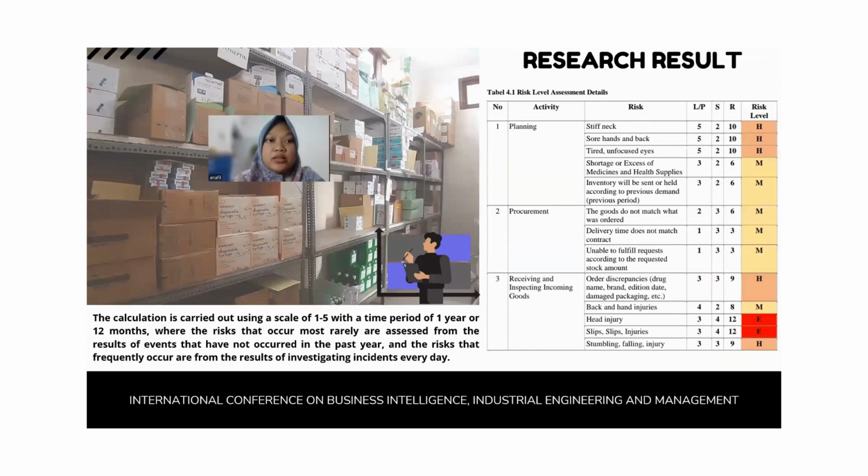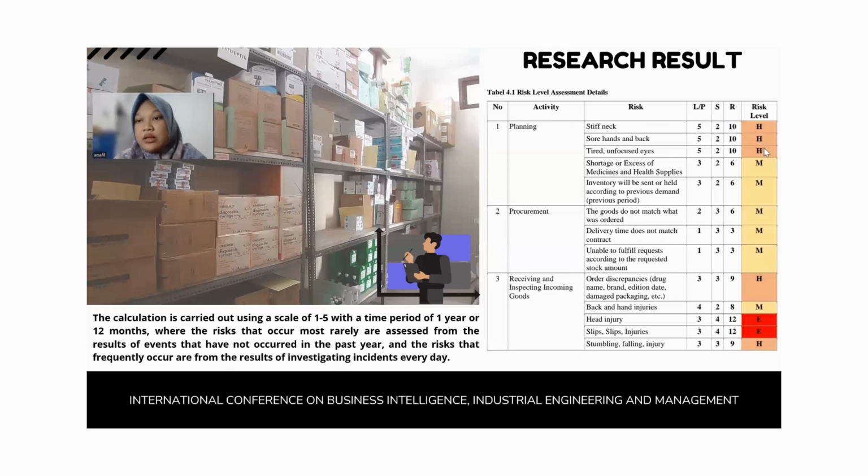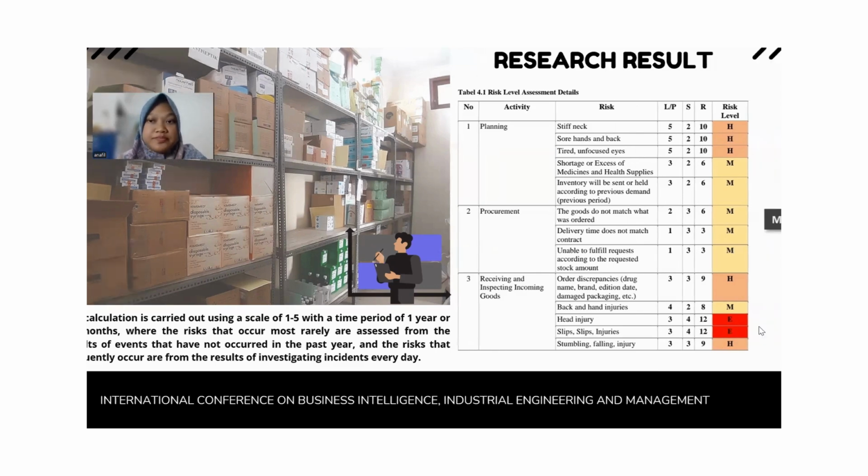This is the result of our risk level. This is the activity, and this is the risk type. And then this is the risk level: H for high, M for medium, and E for extreme.